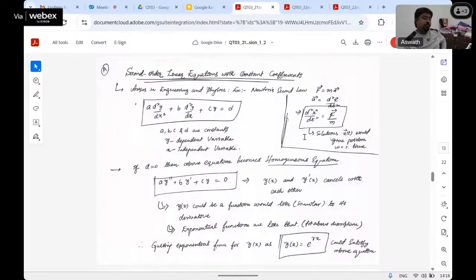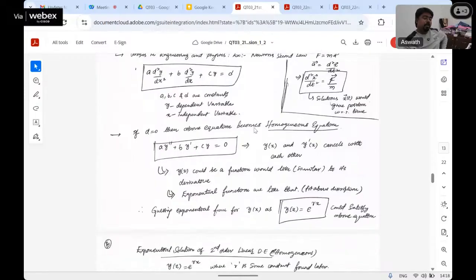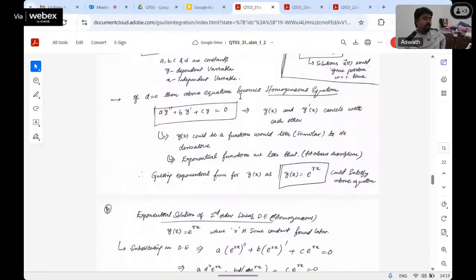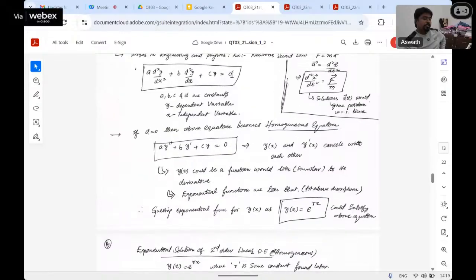If a frictional force is involved, in that case the first order derivative also comes into the picture. Okay, there is a small typo here, there is no 2 here. So this differential equation in a short form we can write like this. There is a d as a constant which is not multiplied to any variable or derivative. If that d is 0, then we call the differential equation homogeneous. If that d is non-zero, then we call it a non-homogeneous differential equation.